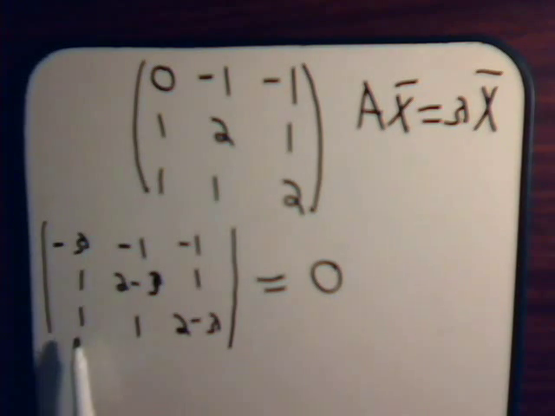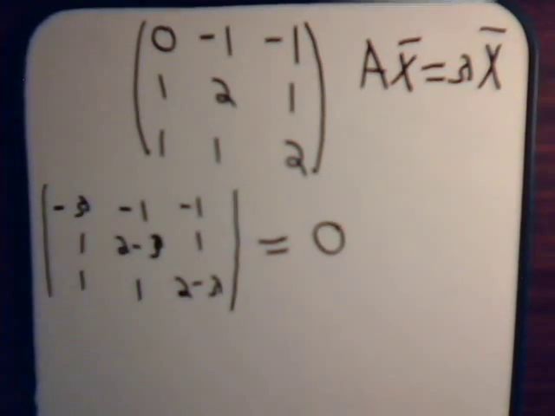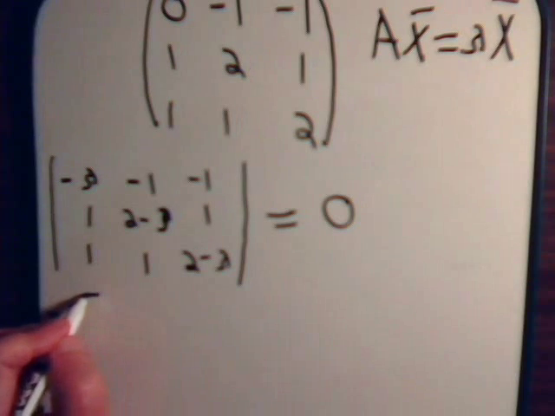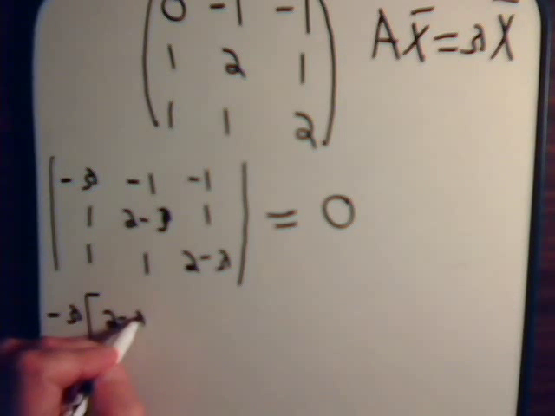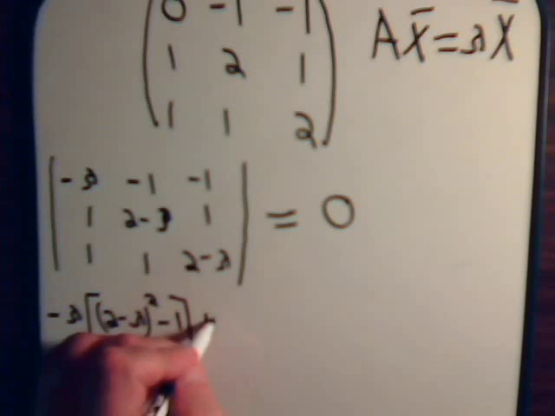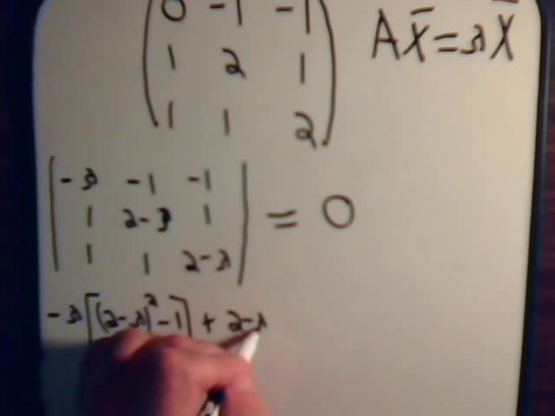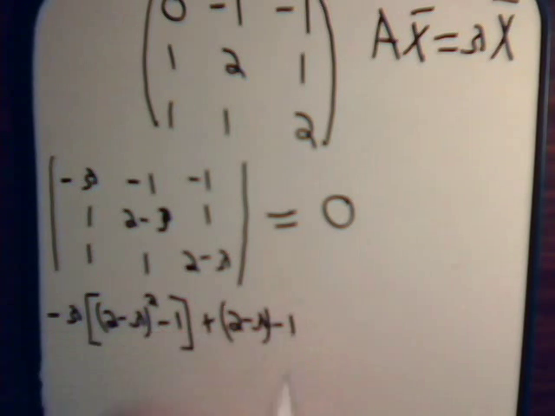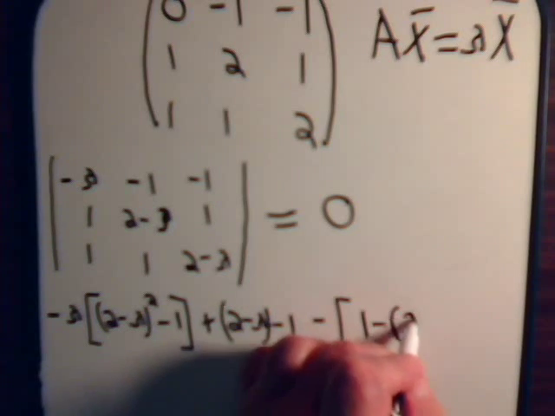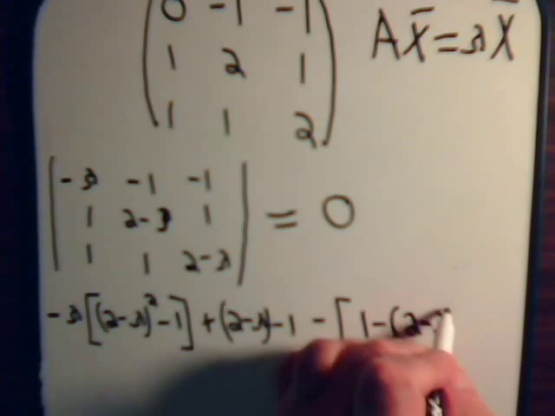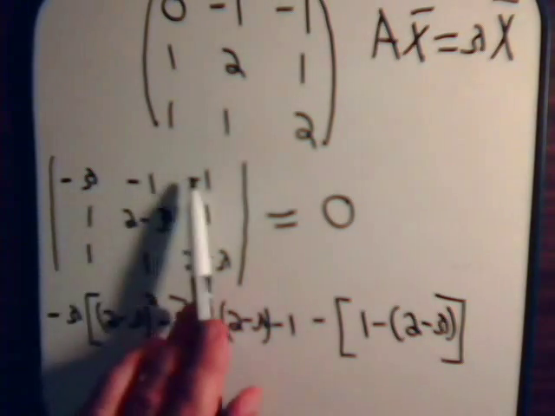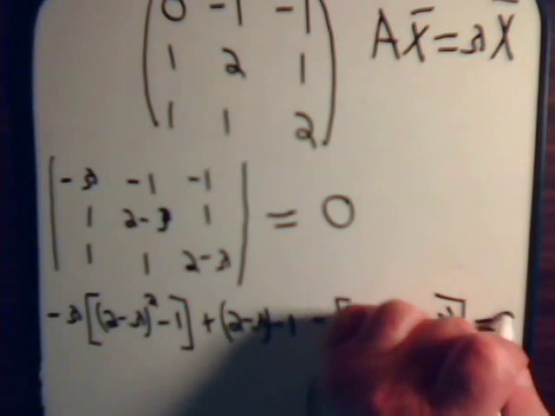So we expand by minors, and the expression we get is minus lambda times (2 minus lambda) squared minus 1, plus 2 minus lambda, minus 1, minus 1 minus (2 minus lambda). Expanding this out using minors, expanding along the first row, and that has to equal 0.